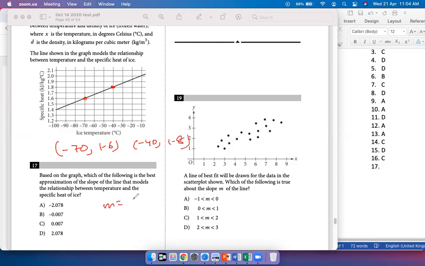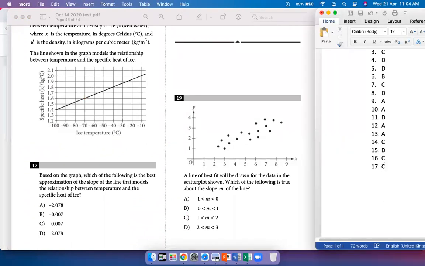So my slope is 1.8 minus 1.6, divided by minus 40 plus 70, right? So that's 0.2 divided by 30, which is, let's just plug that in, 0.2 divided by 30. So that's 0.007, right? 0.007. So that's option C. Okay.